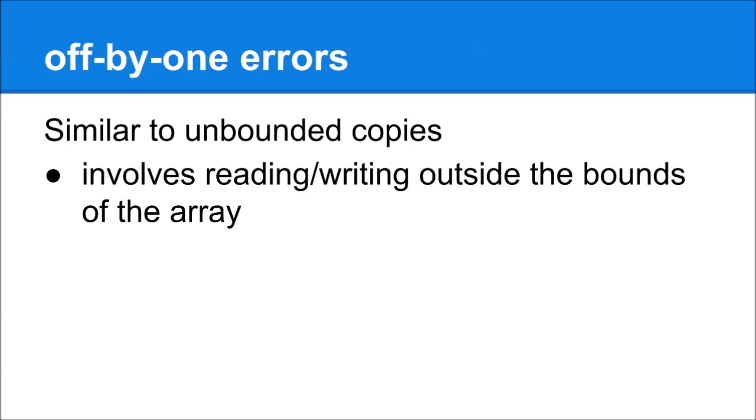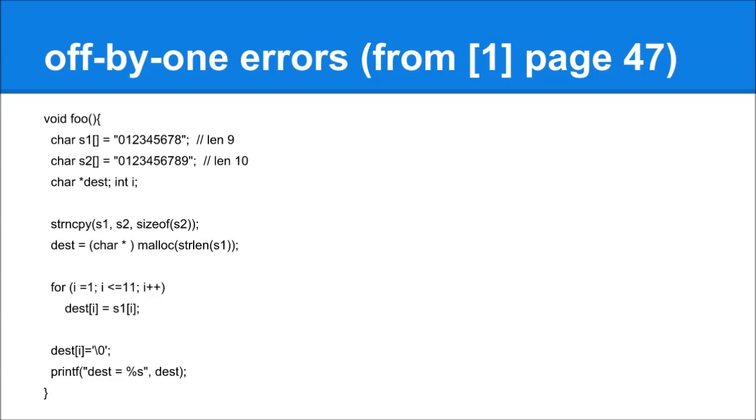You declare i equals 0, and you're doing something to each little character, and your bound is not less than 10, it's less than or equal to 10. So 0, 1, 2, 3, 4, 5, 6, 7, 8, 9, 10, including the 0, is actually going to be 11 characters. I started counting on one of my fingers.